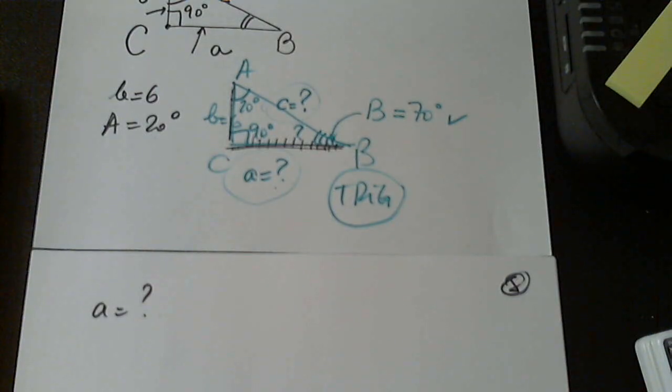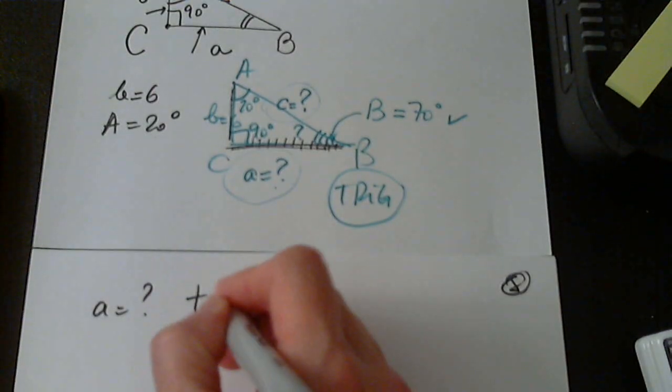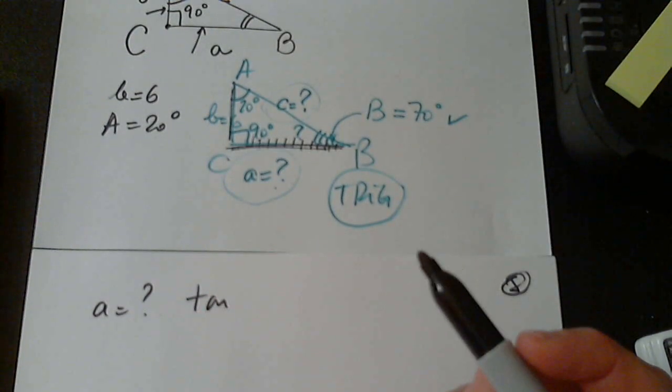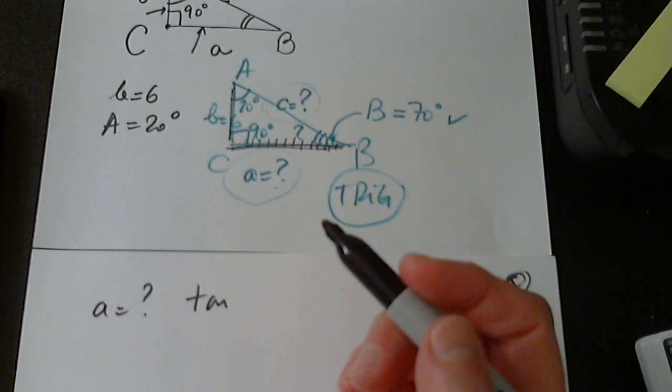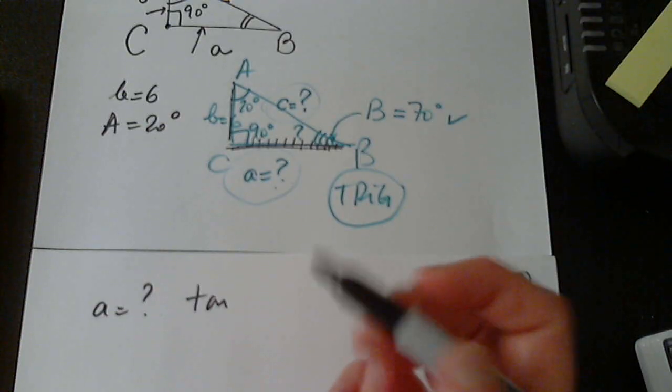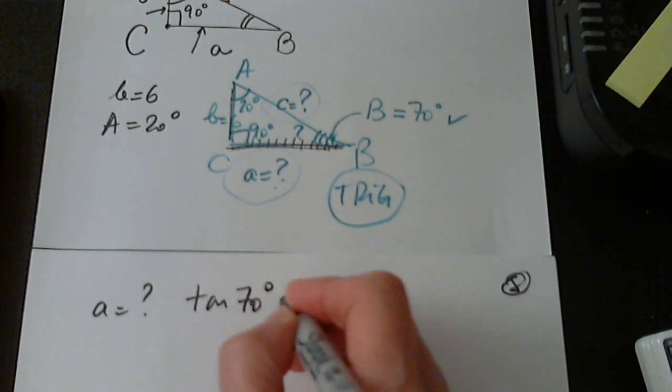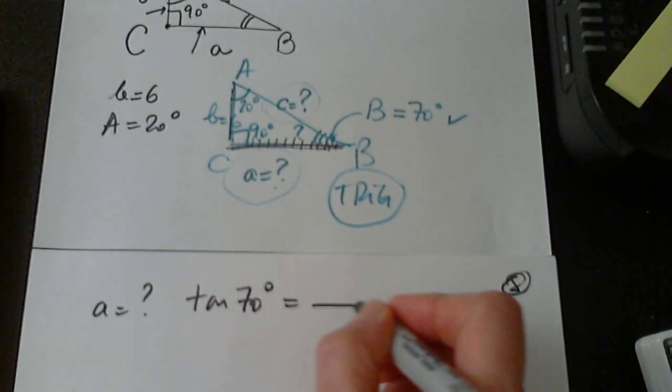Tangent. Yes, for which angle? You can do any of them. Correct. Let's choose one. Correct. 70. Okay, so then tangent 70 equals what over what? Perfect.